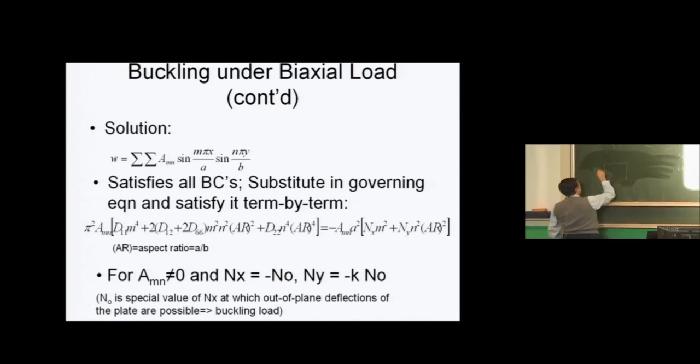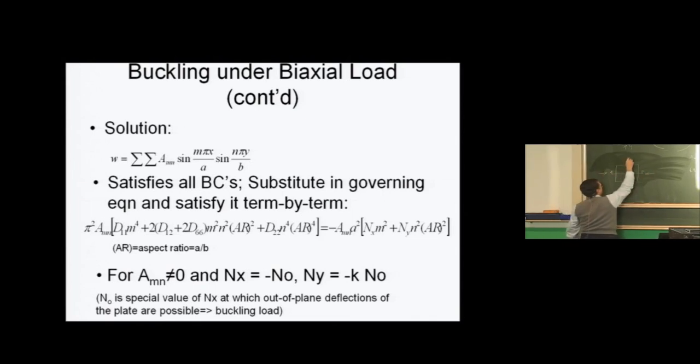If I have a plate and I look at it by making a cut here, let's say it's under this kind of loading. If it looks like this, this is the shape at this location here. I have one half wave, M equals 1, let's say in the X direction.